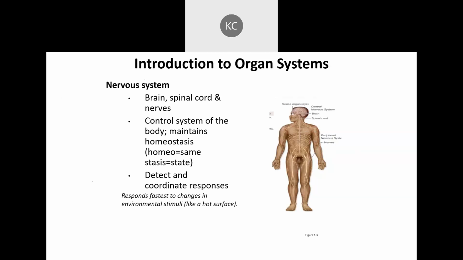We have our nervous system, and this is our last system that we'll talk about in A&P 1, and then all of the rest you'll talk about in A&P 2. So our nervous system in general, brain, spinal cord, and then nerves, whether those are peripheral nerves or cranial nerves coming out from the brain or the spinal cord, is going to respond to stimuli, and generate and coordinate some type of response.